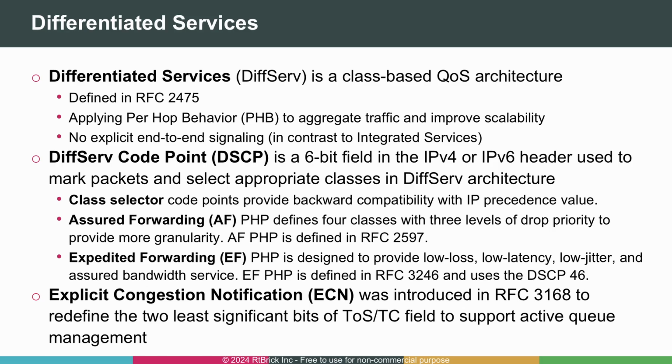For instance, AF41 represents class 4 with drop probability 1. Expedited forwarding was designed to transport low loss, low latency, and low jitter traffic, primarily voice. Since the DSCP field uses only 6 bits, the 2 least significant bits of the type of service field can be used for explicit congestion notification, as defined in RFC 3168.